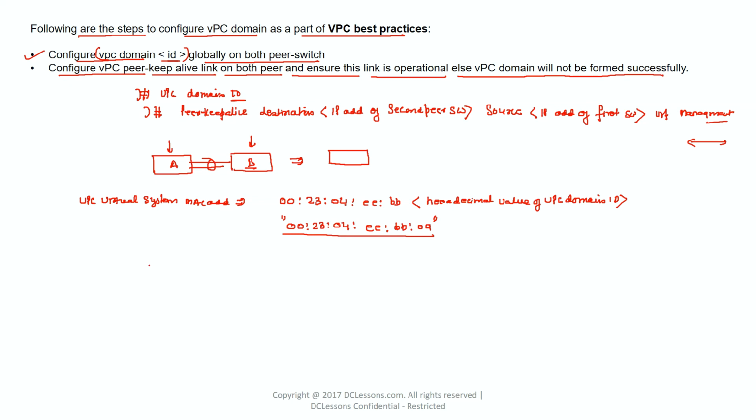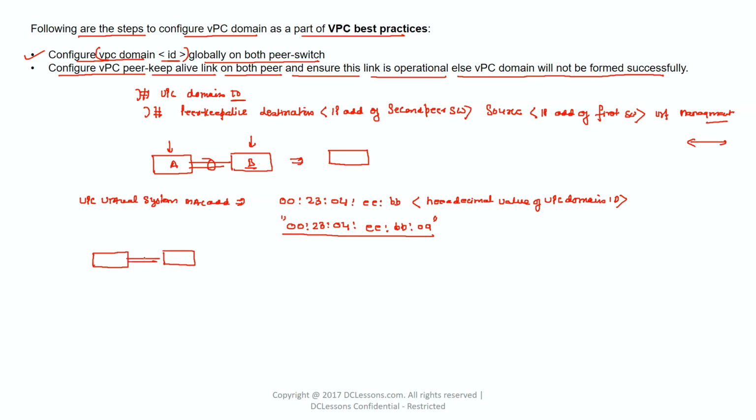Now, because both peer switches have the same VPC system MAC address, the access device that attaches to the VPC with both peer switches will see that it is connecting to a single device, because you have the same virtual VPC system MAC address.